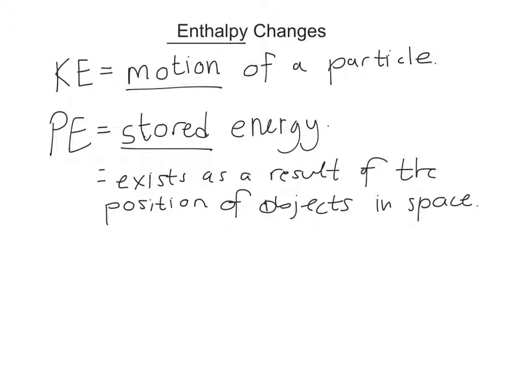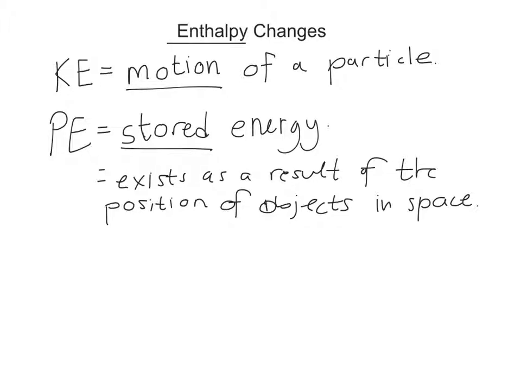If we think about the formula for potential energy, remember in physics, potential energy was equal to the mass times the acceleration due to gravity, 9.8 meters per second squared, times the position. So the potential energy was determined mostly by the mass of your object and the position.